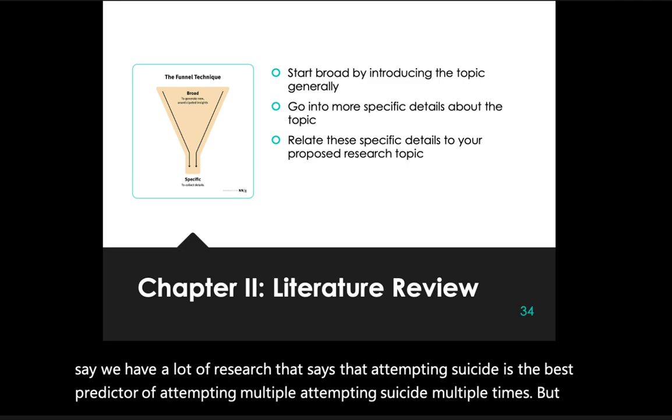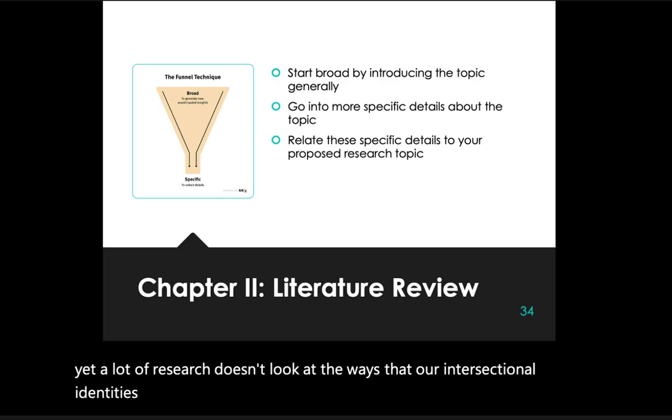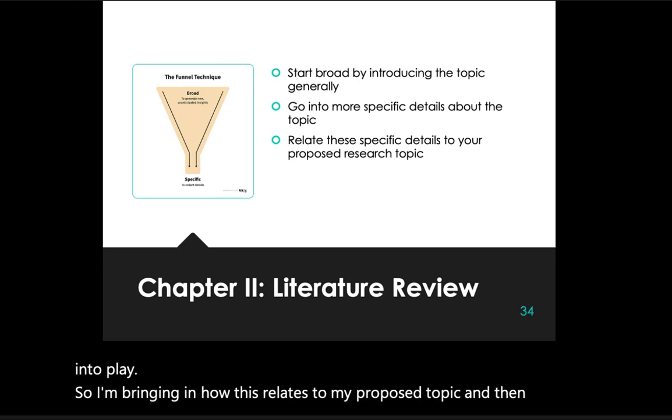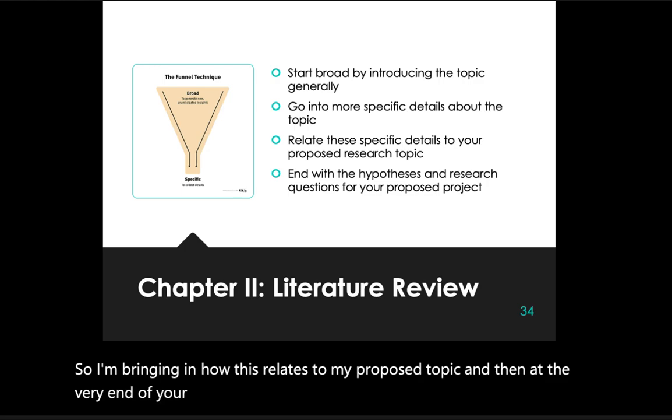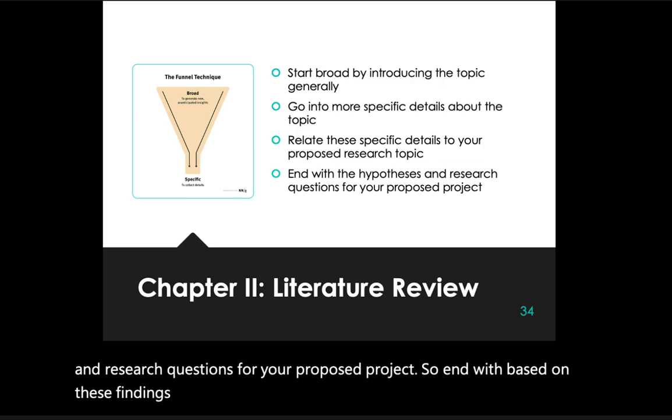But yet a lot of research doesn't look at the ways that our intersectional identities come into play. So I'm bringing in how this relates to my proposed topic. And then at the very end of your literature review, you're going to include your hypotheses and research questions for your proposed project. So end with, based on these findings, here is what I'm going to do in my proposed project.